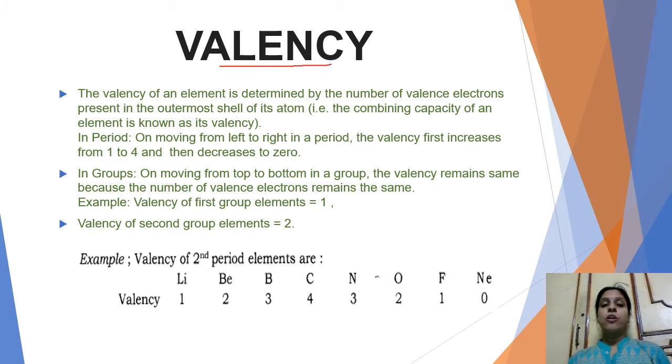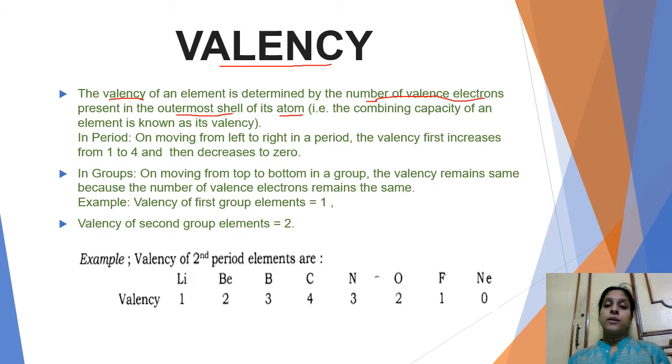Now, first of all, how can we define valency? The valency of any element is basically the number of valence electrons present in the outermost shell of its atom. Or in other words, valence electrons are the electrons present in the outermost shell of an atom, and that is known as its valency.